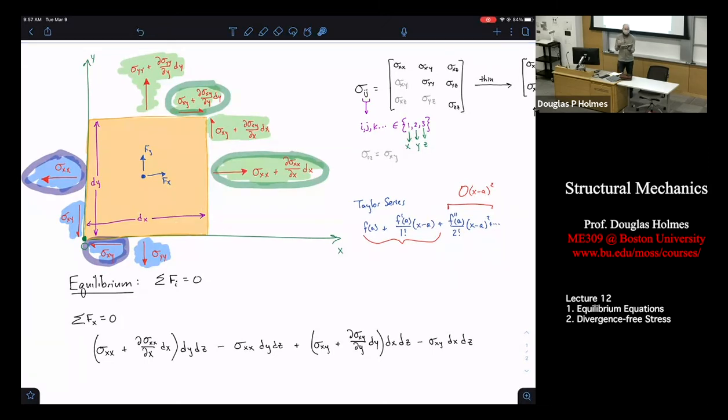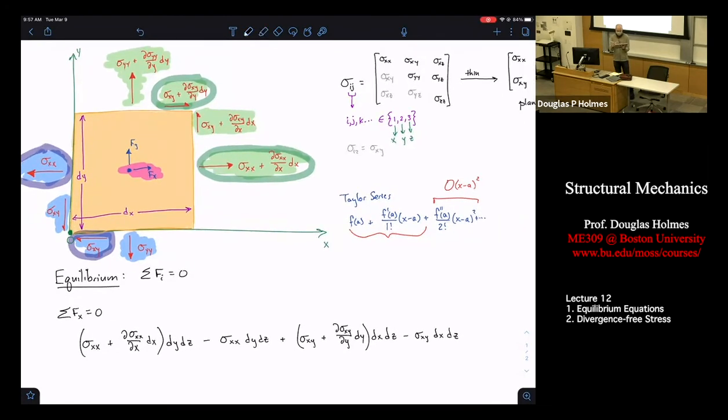And lastly, we also have a body force acting in the x direction. This is a body force. It acts on the volume of the object. So a body force has units of force per volume. So if you need a force balance, what you need to do is take that body force and multiply it by the volume element.